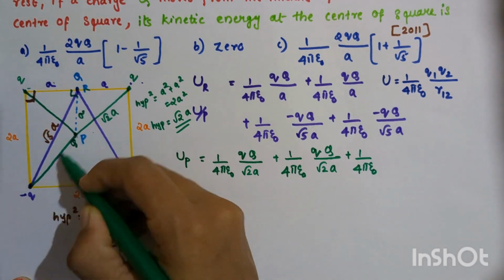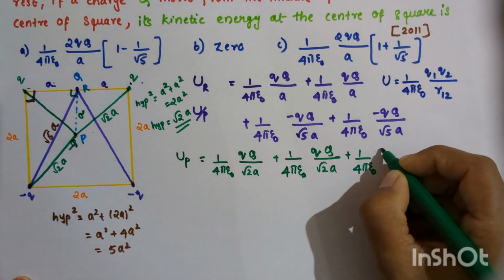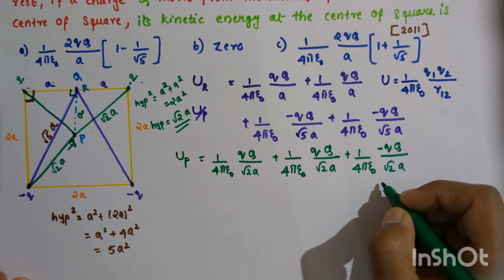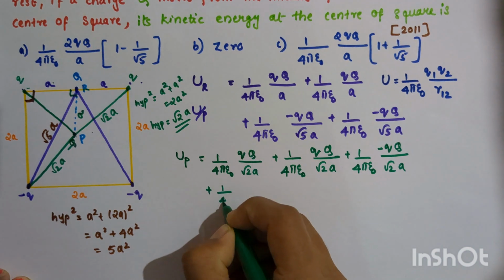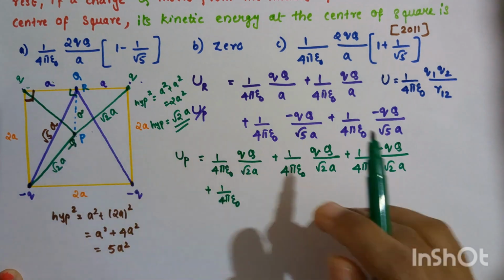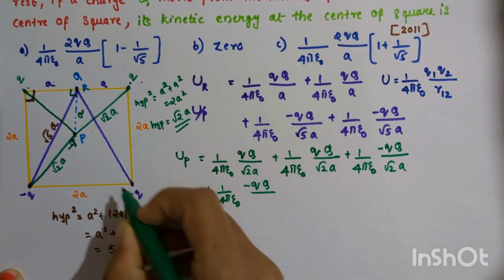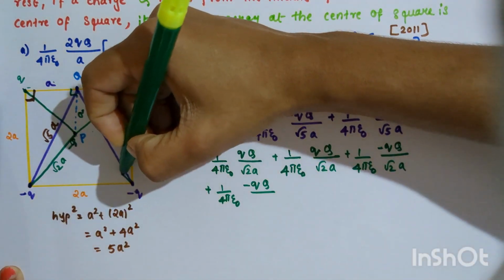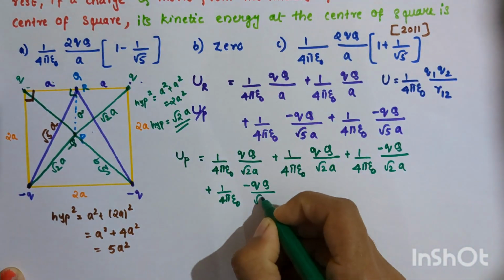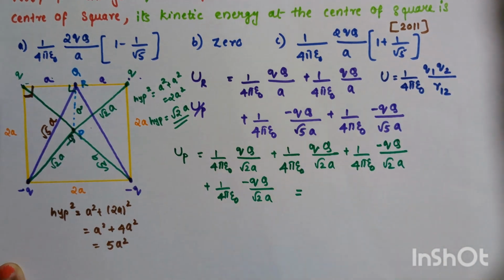This distance is also root 2a, so minus q into q divided by root 2a. Plus 1 by 4 pi epsilon 0, we have to consider our charge plus q and this charge minus q. So minus q into q divided by the distance between minus q and plus q. This will also be root 2a.